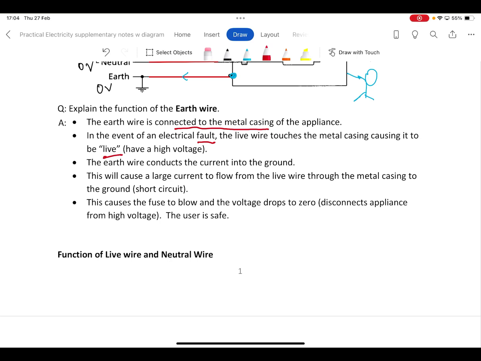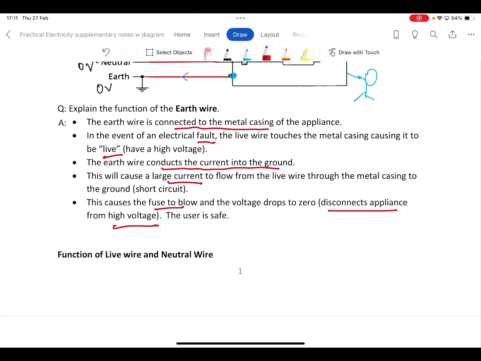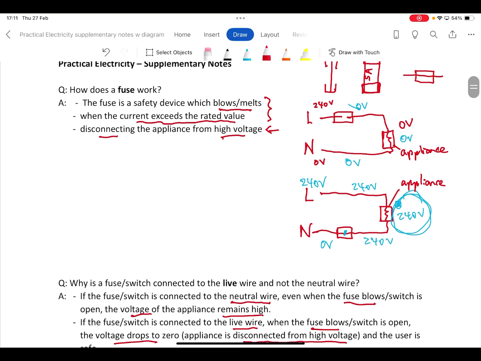The earth wire conducts the current into the ground. A large current will flow, and when a large current flows, the fuse will blow. It will disconnect the appliance from high voltage. Any question?